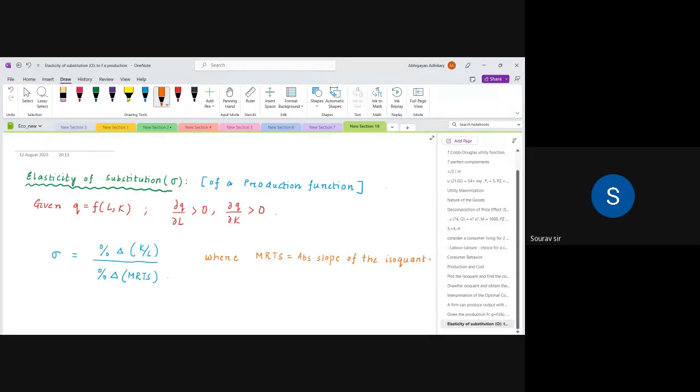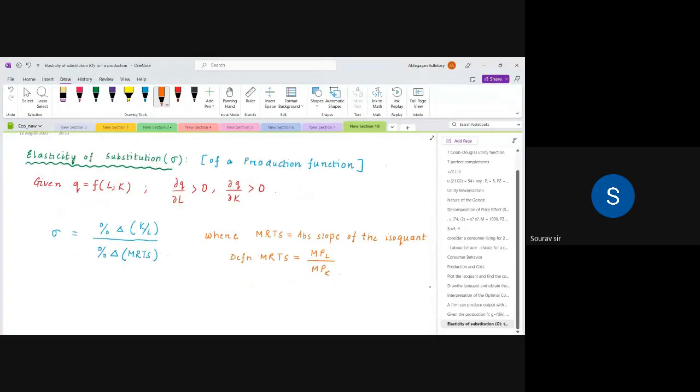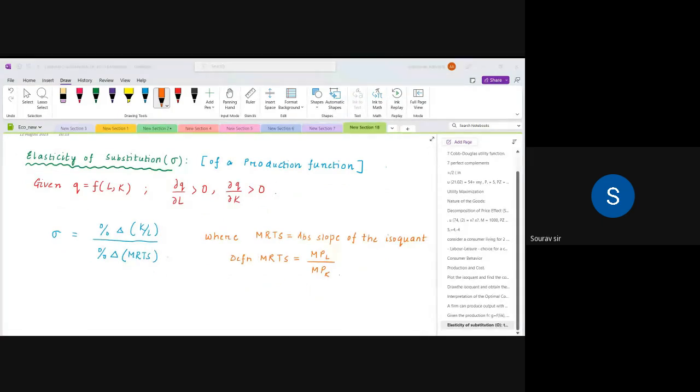And the formula or definition of MRTS in that case will be MPL by MPK.